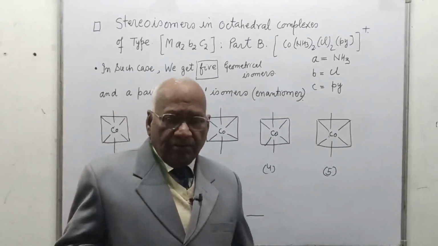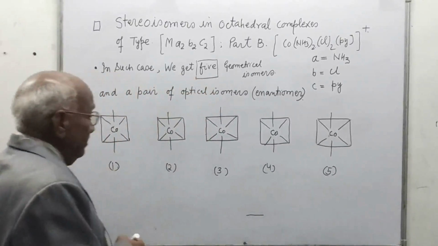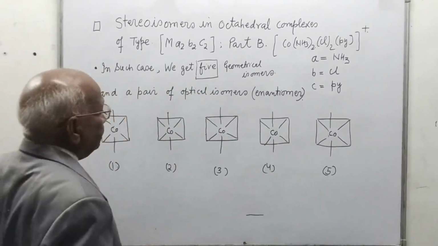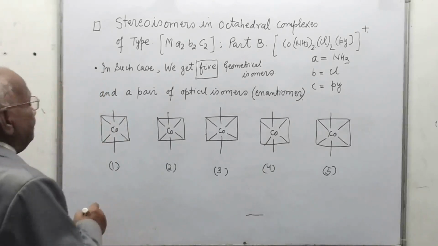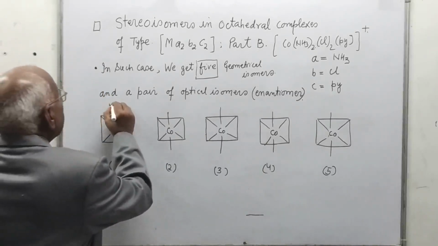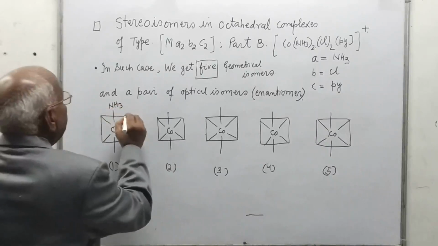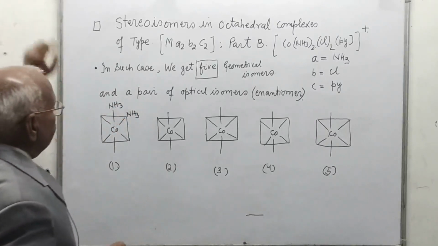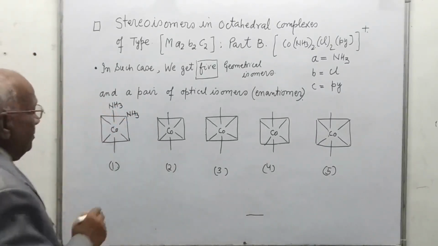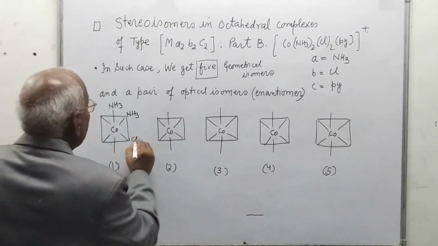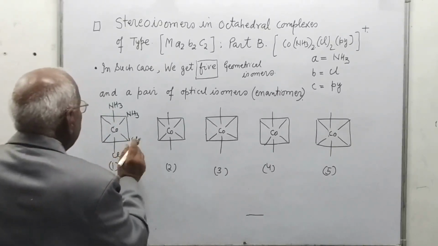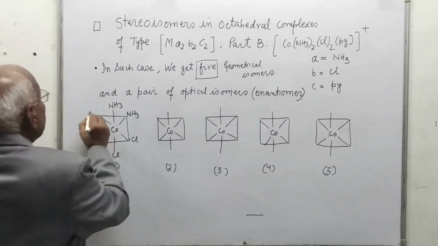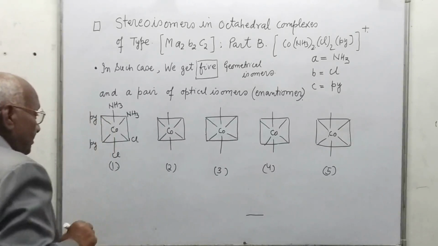Now I am going to draw the structure of these complexes. First, I have selected identical ligands in the cis position. The ammonia molecules are placed at the cis position. Similarly, chlorine is present in the cis position, and pyridine also exists in the cis position.